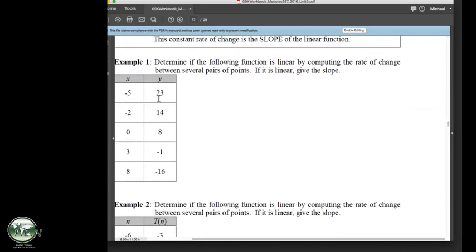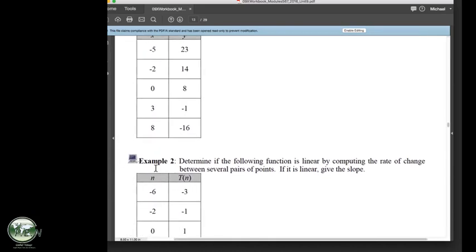And really, it's just calculating the slope multiple times to see if it's linear, then all the slopes between all the points are always going to be the same. If we get 2 points and then 2 other points and they have different slopes, it's not a straight line, right? Because all straight lines have to have the same slope. So that's the test we do. It's just tedious, but it's doable. Okay, so you're just calculating the slope multiple times between multiple points until you just get tired of calculating slope.